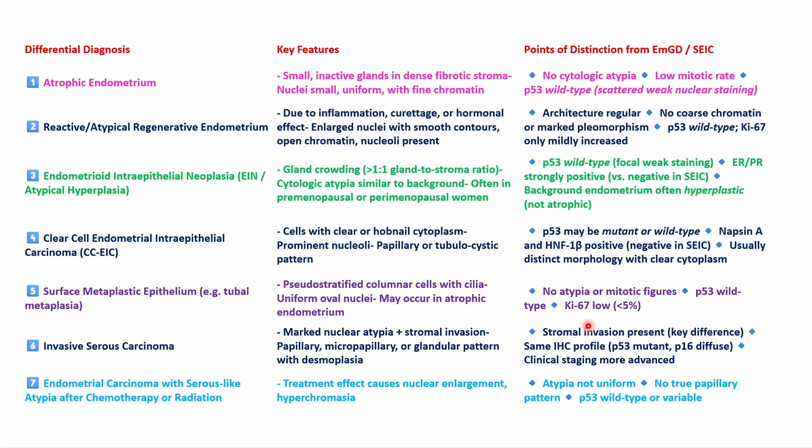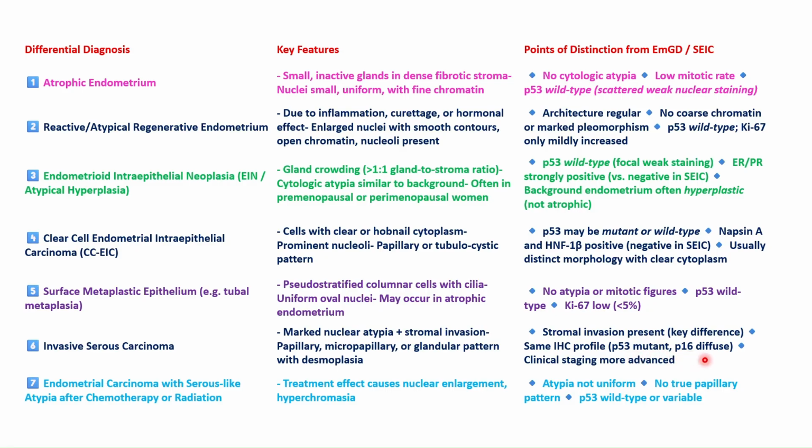Invasive serous carcinoma shows marked nuclear atypia, stromal invasion which is the key feature, and papillary, micropapillary or glandular pattern with desmoplasia. IHC panel shows P53 mutant and P16 diffuse.